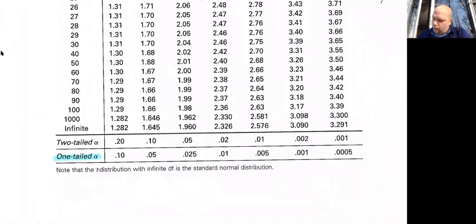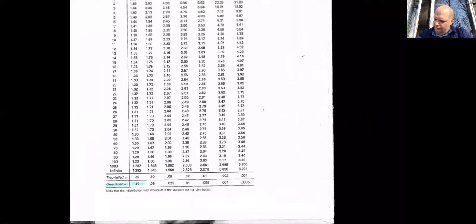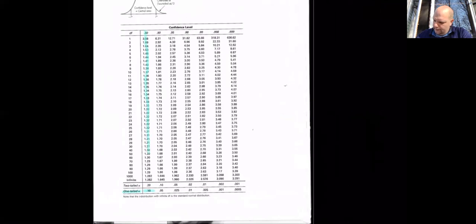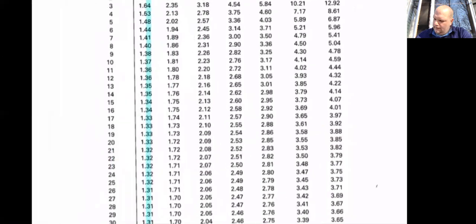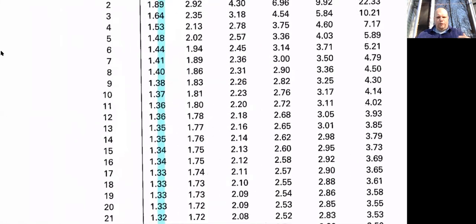We're not doing the not equal version. And our alpha was 0.1. So this tells us that we will be working down the first column of this table. And then as ever, we have to find the correct row. We had 9 people in this sample. Degrees of freedom is sample size minus 1. So we're going to go to the row numbered 8, like so.